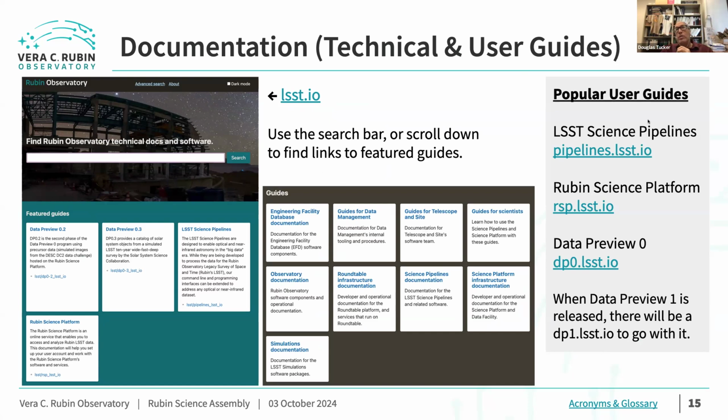Some of the more popular user guides are the LSST pipelines documentation, the Rubin Science Platform documentation, and the Data Preview 0 documentation. And when Data Preview 1 is released, there'll be a dp1.lsst.io link to go with it. And also with future releases, there'll be pages for those too.